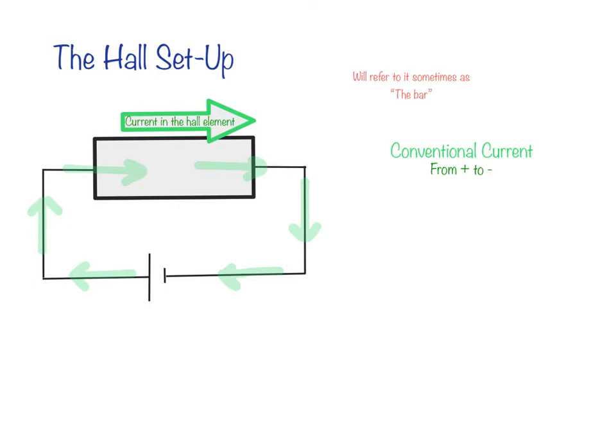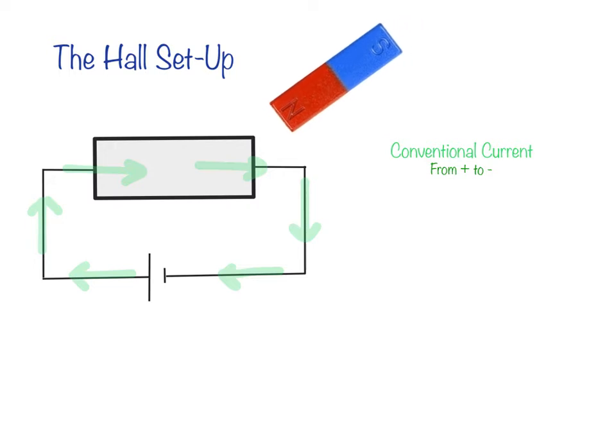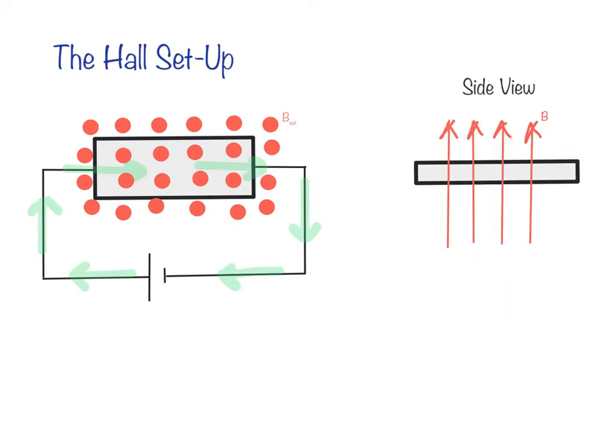Now, what the Hall effect is really showing is that when I bring a magnetic field to this piece of metal, this plate, let's say I have it pointing out of the screen. So in other words, I have some magnetic source behind this bar, seen here in the side view, and it's pointing this magnetic field out of the screen or through the metal bar.